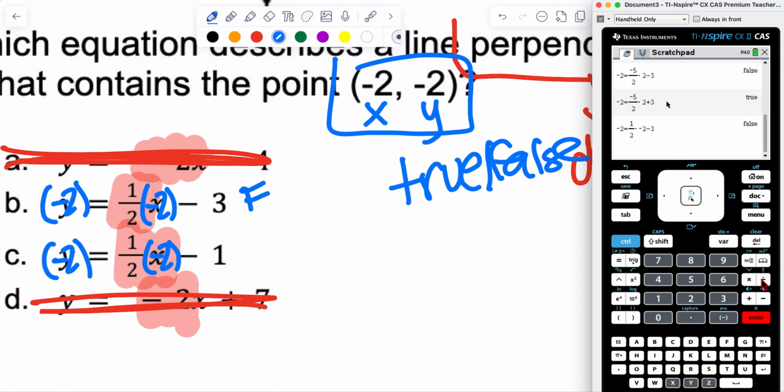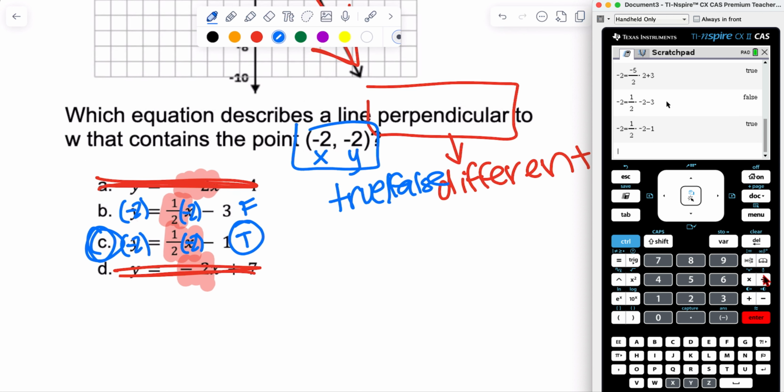So now let me try C. Parentheses, -2, parentheses, equals, control divide for that fraction, 1/2, -2, parentheses, minus 1, and that gives me true. My only option is C as my answer.